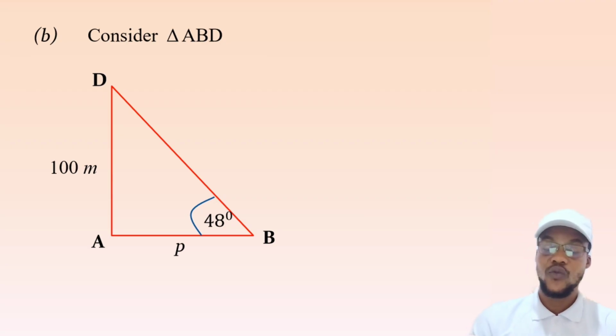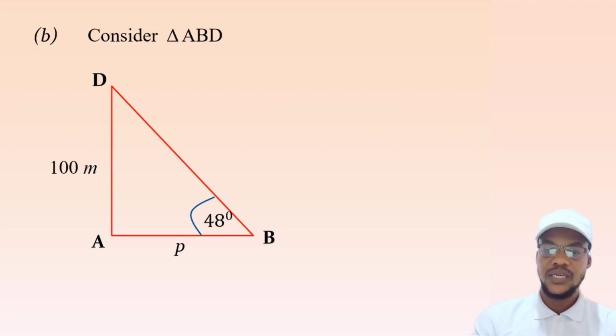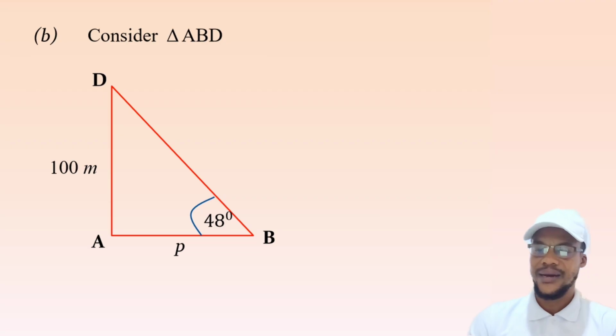But once we are given only one side and one angle, then the trig ratios will be appropriate. In this case, if we are finding P, since the angle which is 48 degrees is opposite to the height, which is 100, and P, then we are going to deal with the opposite and adjacent, where we take 100 meters as opposite and P as adjacent.